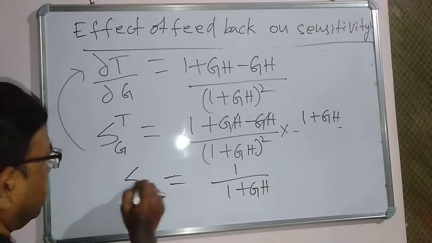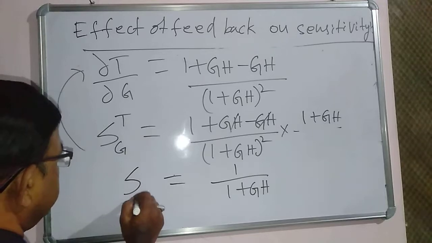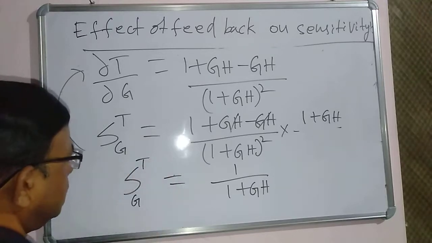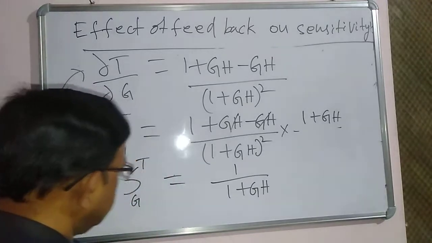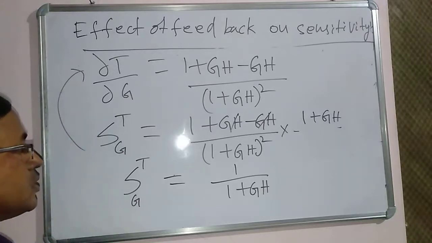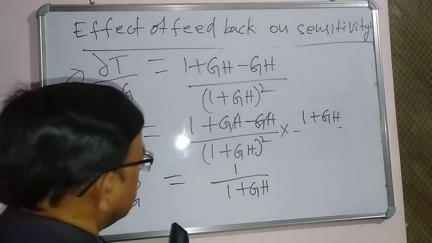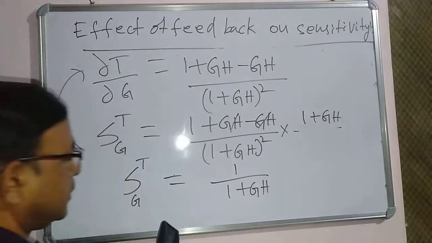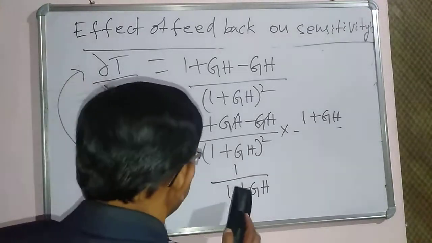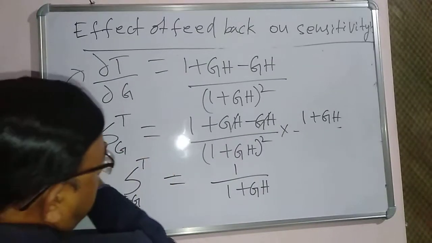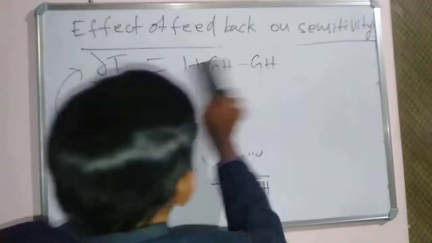So due to incremental change in open loop transfer function G, the sensitivity is equal to 1 by 1 plus GH. This is for a feedback control system.